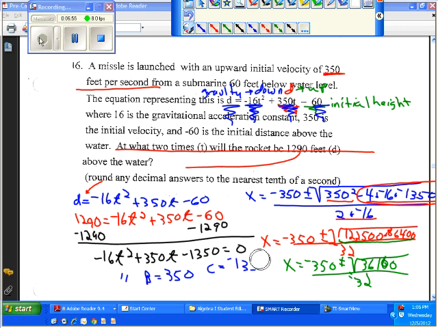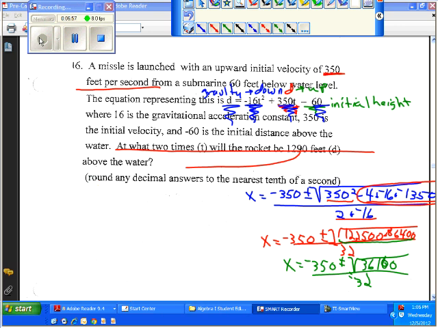So now we're going to actually take the square root. So we get x is equal to negative 350 plus or minus, what's the square root of 36,100? 190, all over negative 32.